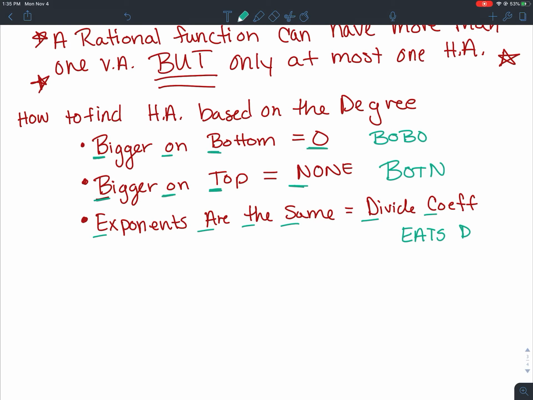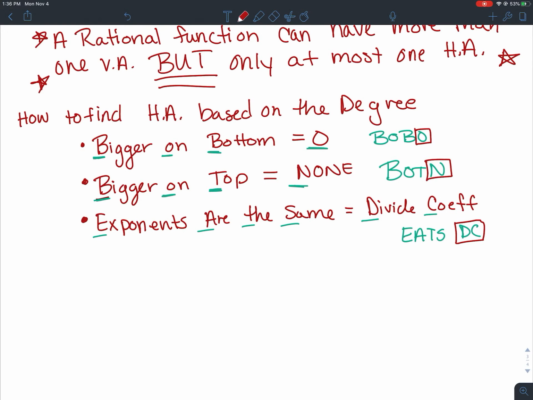Eats DC. Okay, so Bobo, bigger on bottom equals 0. Bottom, bigger on top equals none. Eats DC, divide coefficients. Bigger on top, that's top heavy. Bigger on bottom, that's bottom heavy. Bobo, bottom, eats DC.